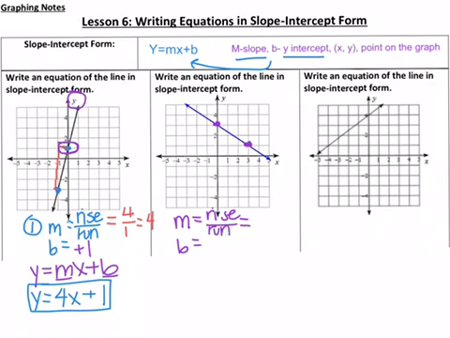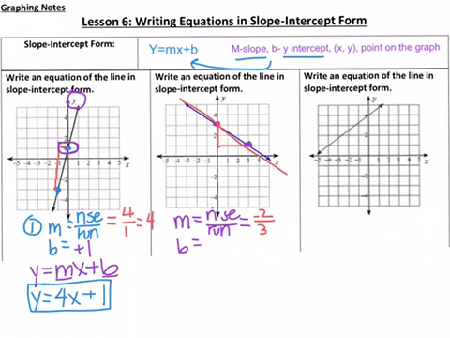So let's see what happens. Our rise is -2 because we went down, which is a negative action on a graph, and then we go to the right, or run, 1, 2, 3. Our slope is -2/3, which makes sense because the graph goes down from left to right.